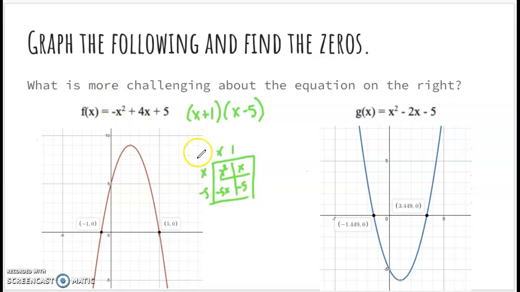So let's see here. What do I want to change? I could try some things. I need that negative 5 to become a positive 5. Well, all right, let's see what we got here. We know we have to multiply our whole thing through by a negative. So we've got x squared minus 4x minus 5, and we know we have the wrong signs altogether here.